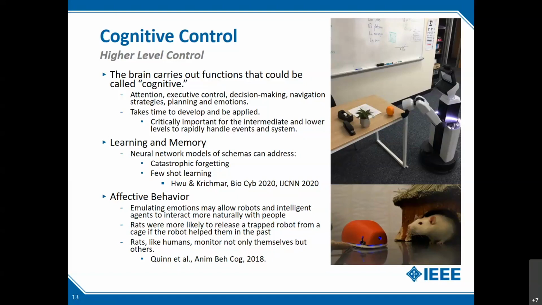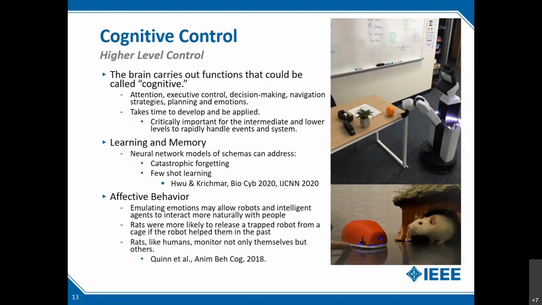On the bottom right is work by my colleague Andrea Chiba's group, looking at affective behavior. Emulating emotions can allow robots and intelligent systems to be more natural in their interaction with humans, but it can also lead to awareness of your own self and others. In this nice example, there was a rat and a couple of robots, and the rat was in a trap.